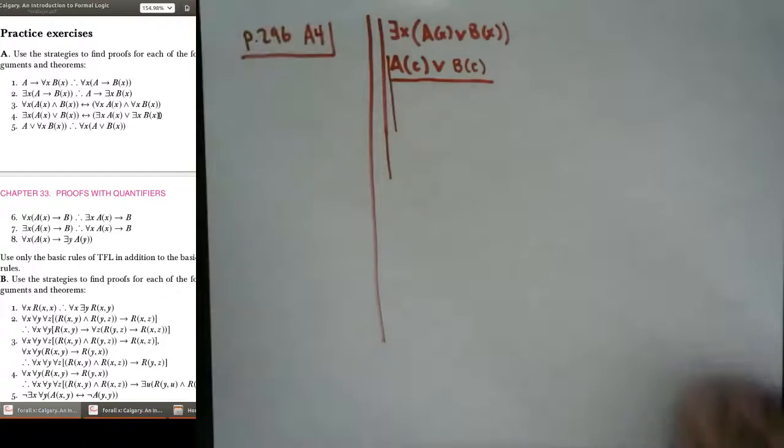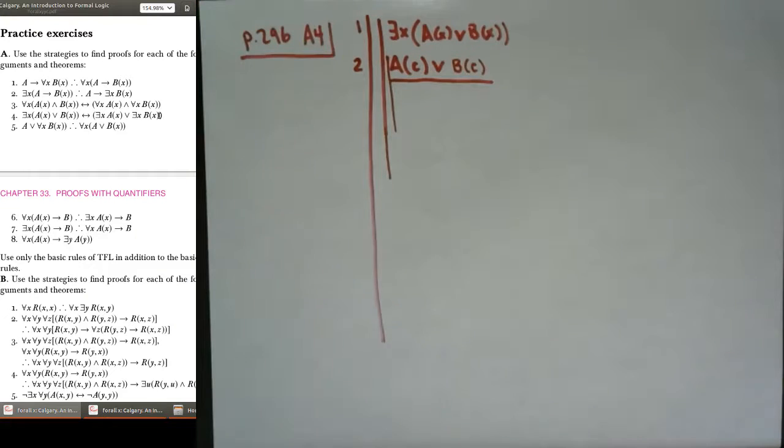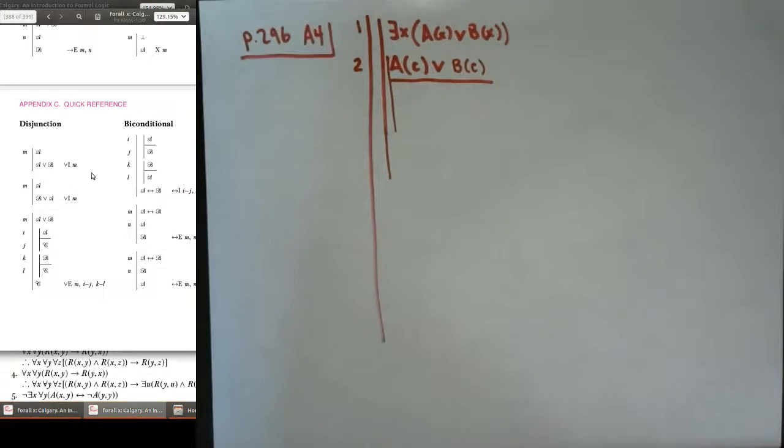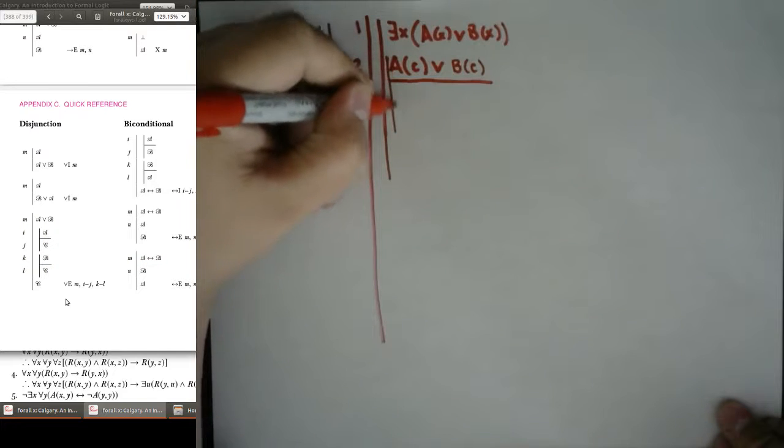So we have now a subproof starting with replacing the x's in line 1 with some named constant. Now, the strategy for any OR usually goes along this path, where I have to assume one of the halves, get what I want, and assume the other half, get what I want, and then get out. Now, what is it that I want at the end of this innermost subproof?